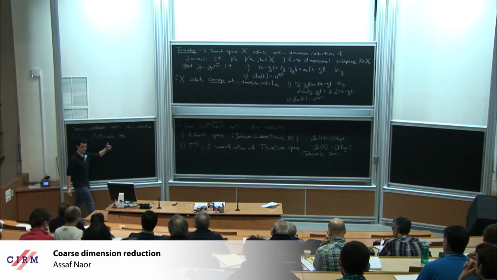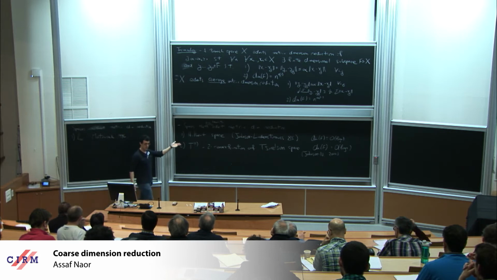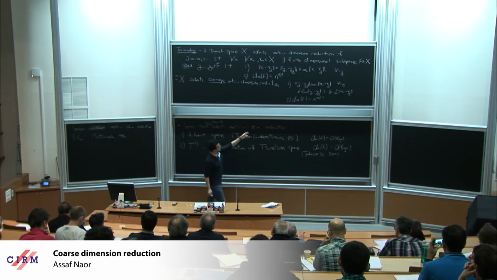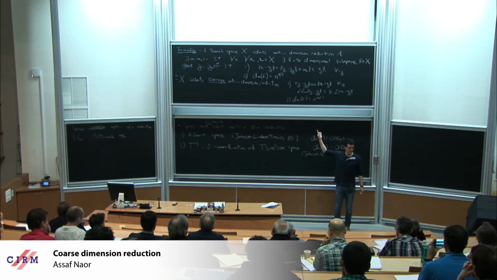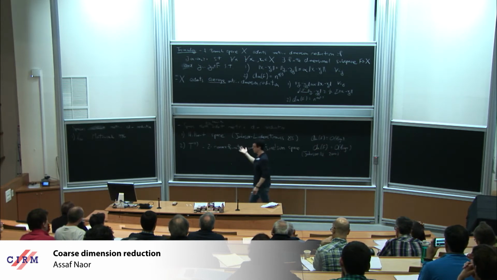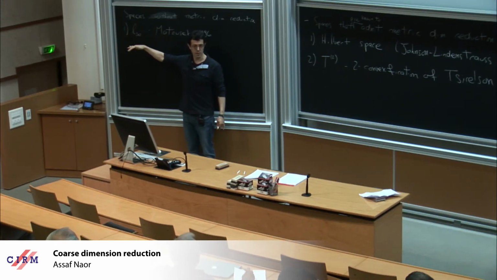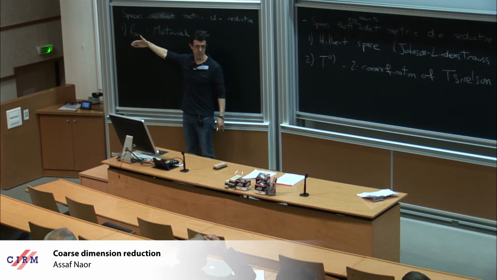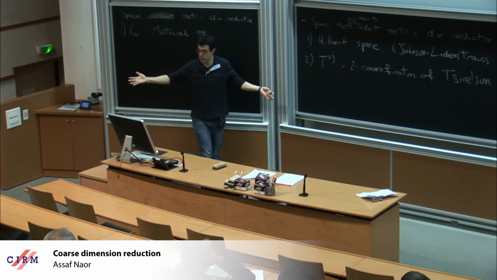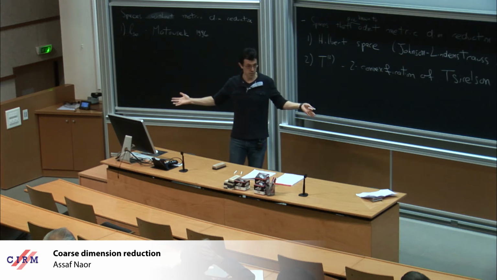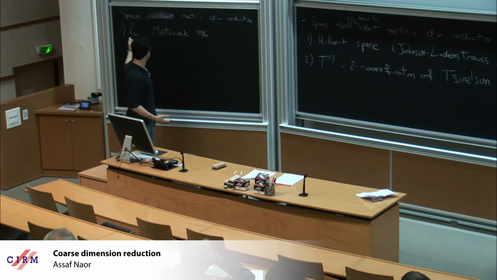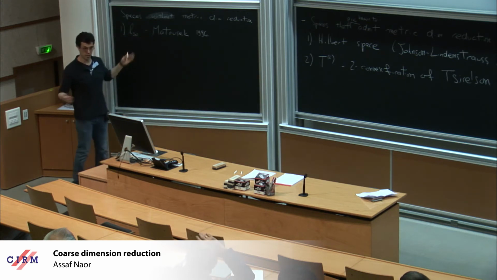Every metric space is isometric to a subset of L infinity, and every finite dimensional normed space is a candidate for F. So this is really a much more fundamental and general theorem than just saying L infinity. It says the question of dimension reduction in L infinity is the same as saying give me an arbitrary metric space and points and embed it into some low dimensional normed space. Okay, so I wrote L infinity, but that's really a code for the general theorem.